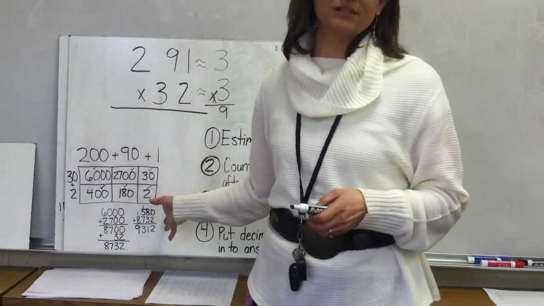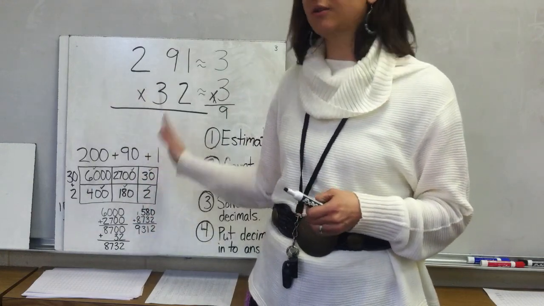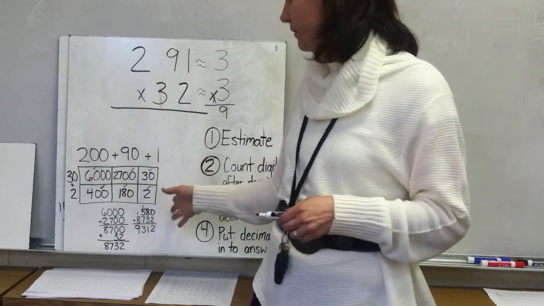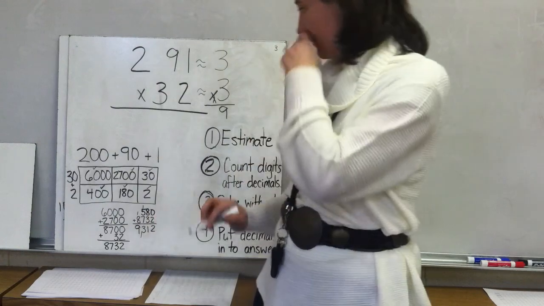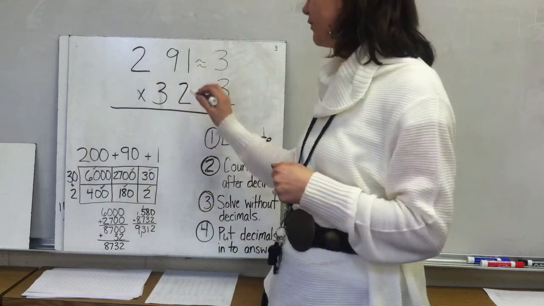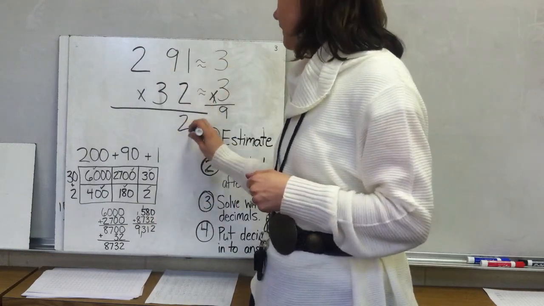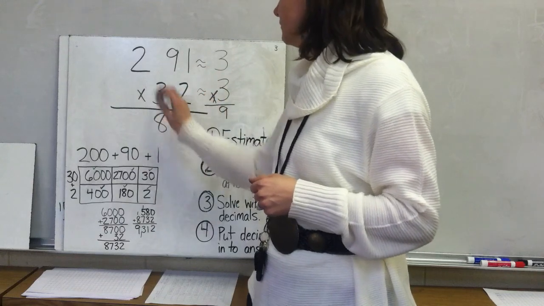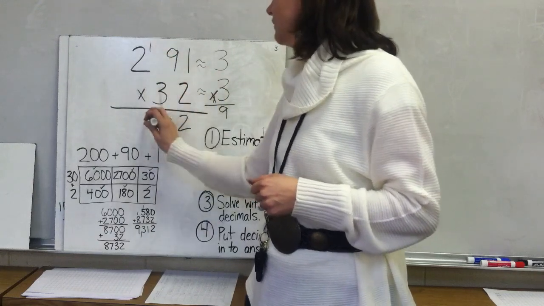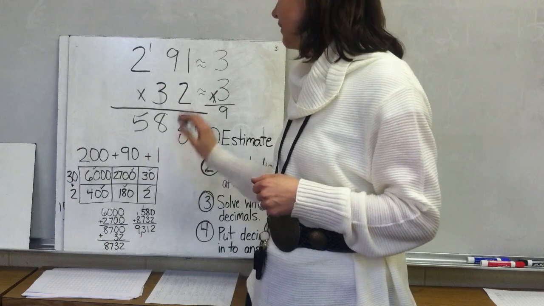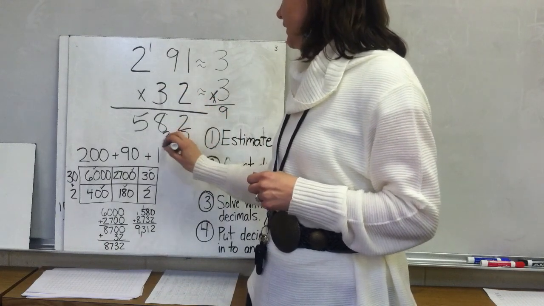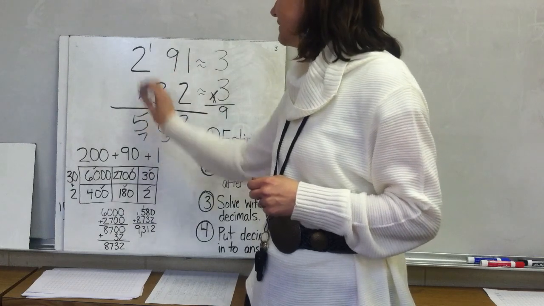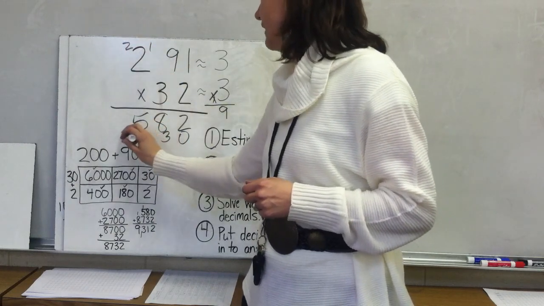I'm not going to go into this in detail just because you guys already know how to use the area model. But you ended up with 9,312. Some of you use the algorithm, which I'll go over here. You have the 2 times 1, carry the 1, it's 5, got to put my 0 here. 3 times 1 is 3, so it's 27. 8.